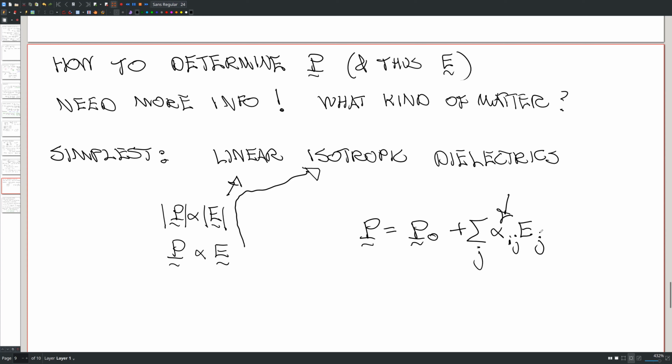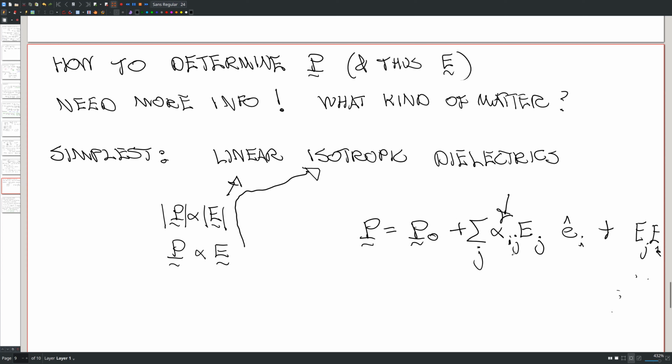So if you put a certain field in a certain direction, it gives you polarization in a certain basis direction, EI. You put a field in a certain direction, it polarizes a bit in another direction. And then you could have something which is a function of EJ, EK, and then triple, fourth, everything's possible here. Super complicated. Everything exists depending on the chunk of matter that you are dealing with.